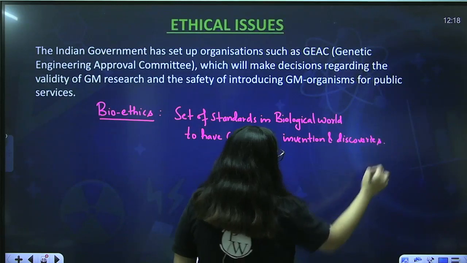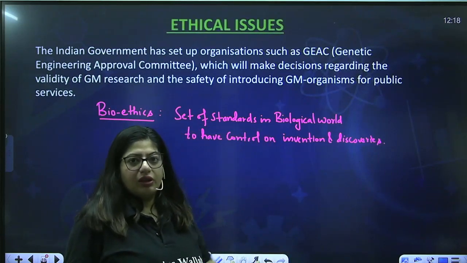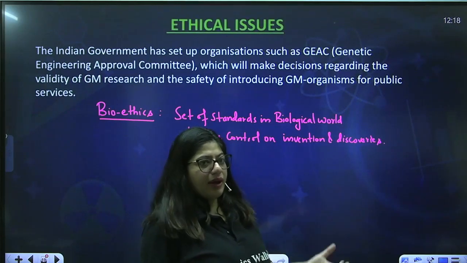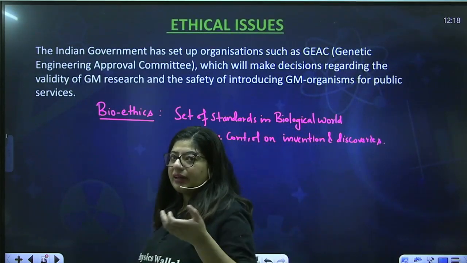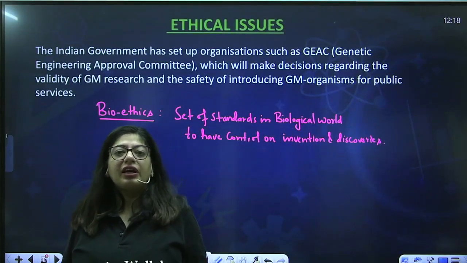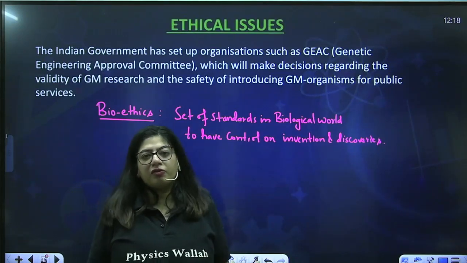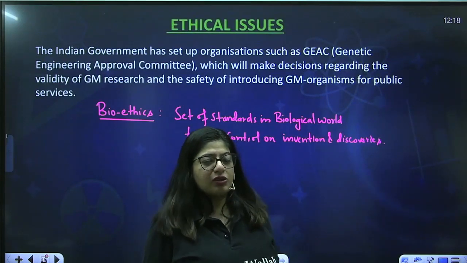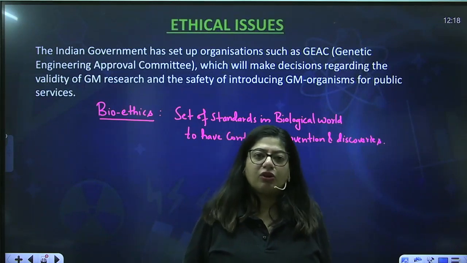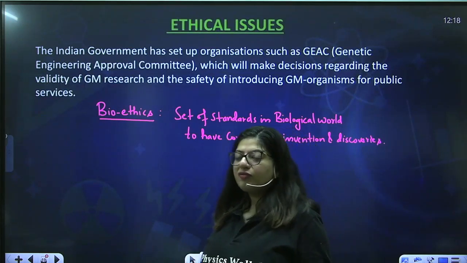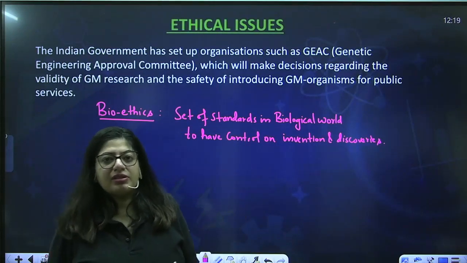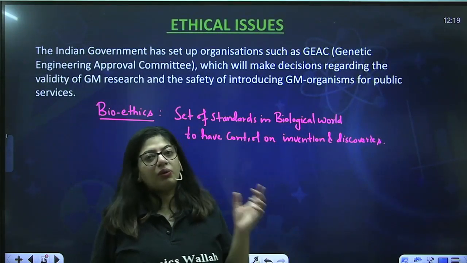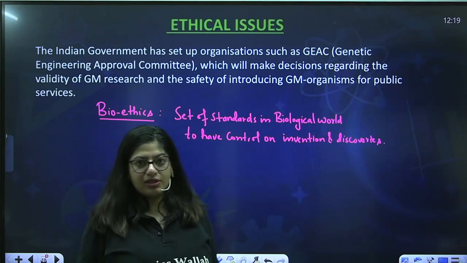Right? For example, if we just allow every scientist to make whatever they want, then something bad can be made. For example, under these rules of bioethics, you cannot perform any experiments on humans. So that's why no experiment is directly done on humans. If you want to invent a drug, you have to pass through a set of animal tests first. If they are successful on those animals, only then can it be given to patients. Okay.